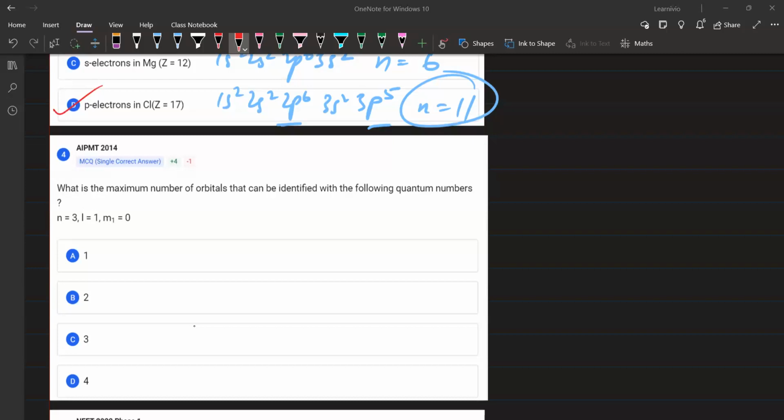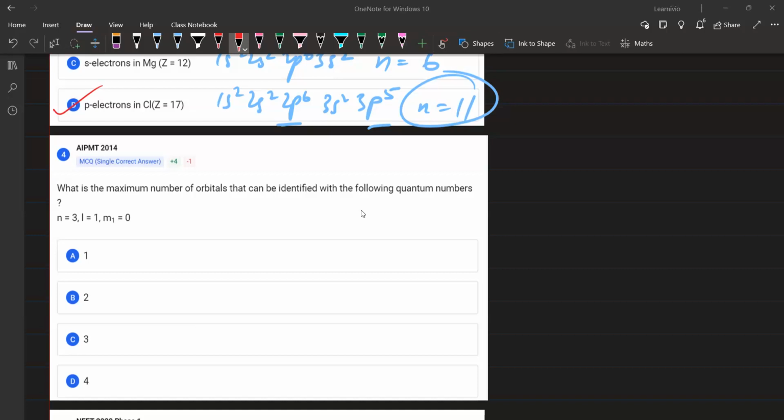Take 1 more minute. Time is almost done.